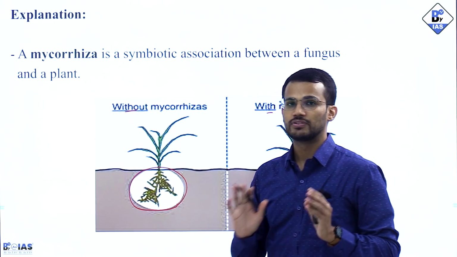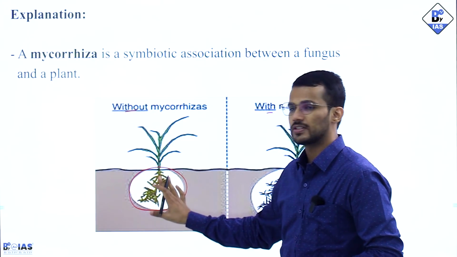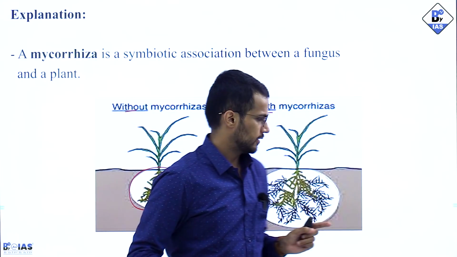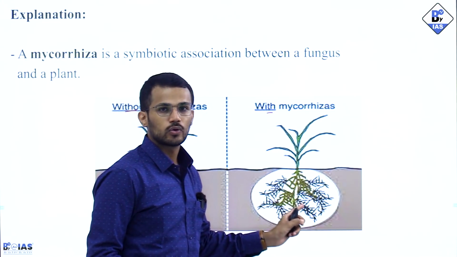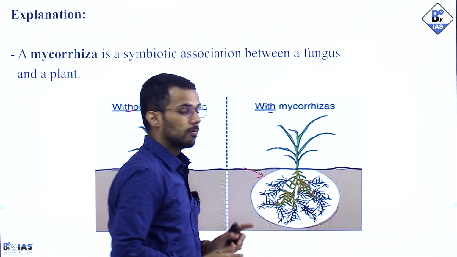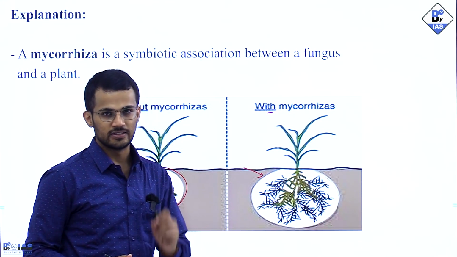And as a result of this, the absorptive area of this particular root system is limited. Right? But in the second case, roots are in association with the mycorrhizae fungus. And as a result, the absorptive area of this root system has increased.